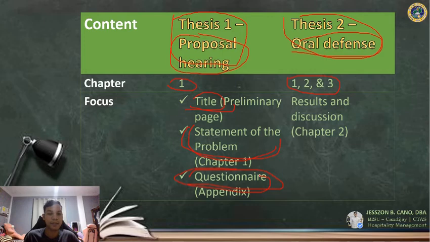This is the backbone of the thesis writing. And for thesis 2, the focus of the panel members for their questions and clarifications is on the results and discussion found in chapter 2. But for now, in this semester, we will focus on the title, statement of the problem, and questionnaire.